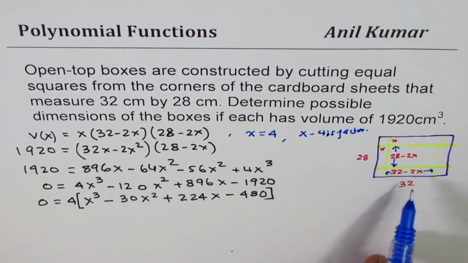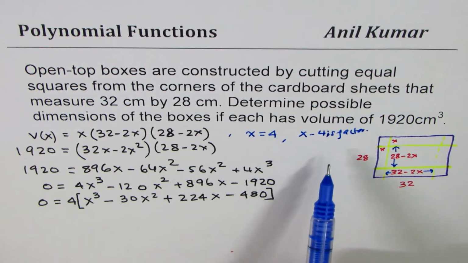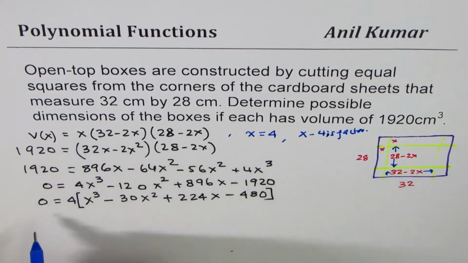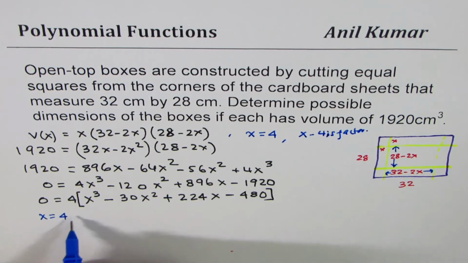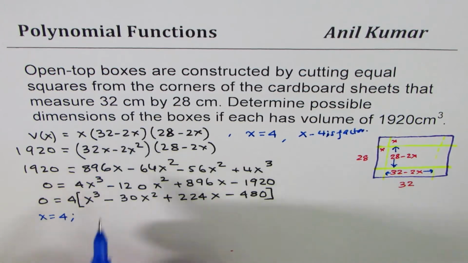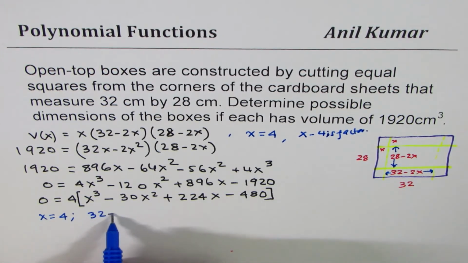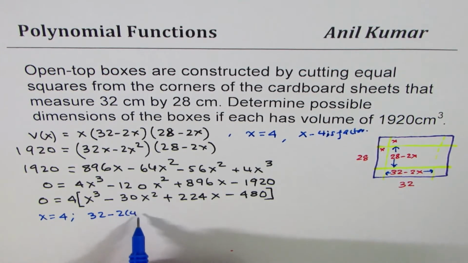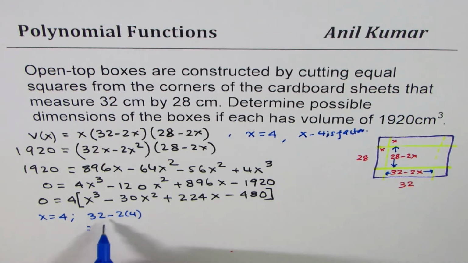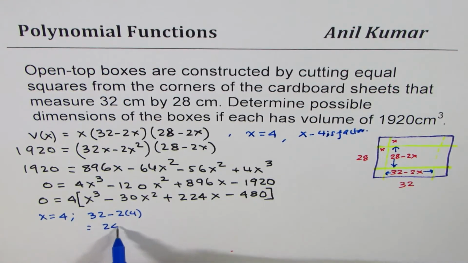So we get one set of answers, and the set of course will be that the dimensions are, since x is 4, x equals 4, so that becomes the height. The base could be 32 minus 2x, so we have 32 minus 2 times 4, which is 32 minus 8, which is 24, right?